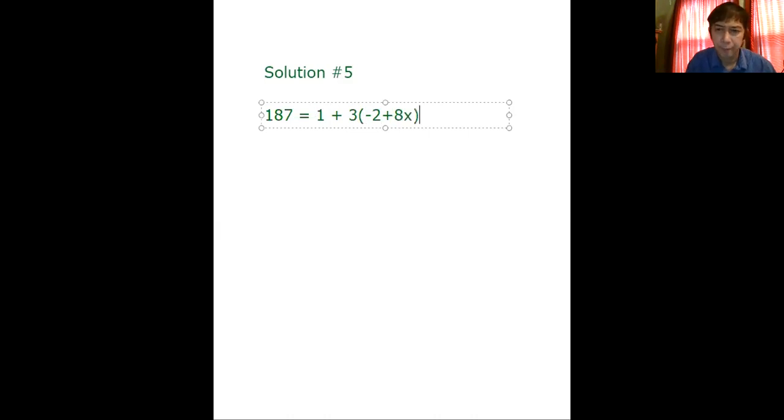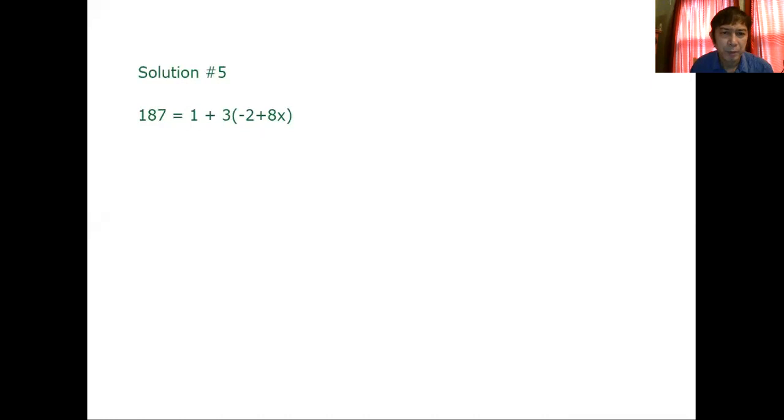Okay, this is the problem. We shall try to have more space over here by extending the whiteboard. Let me adjust my screen. All right. So this is the problem: 187 equals 1 plus 3 times the quantity negative 2 plus 8x.